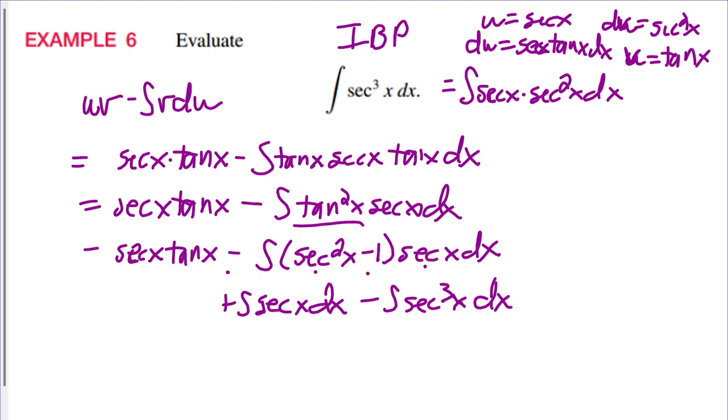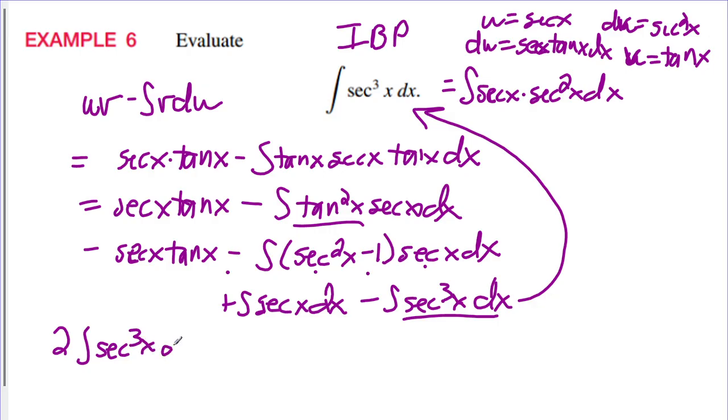From there, if we have presence of mind, we notice this integral is the same as what we started with on the original. So we're going to add that back to the front of our equation, and now we have two integrals of secant cubed of x dx. That is equal to secant of x tangent of x, plus we still need to integrate secant of x dx.